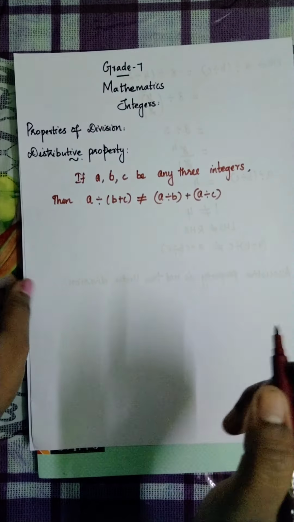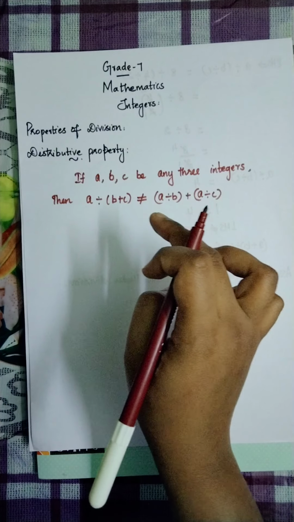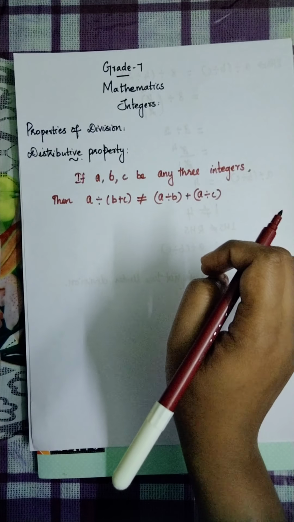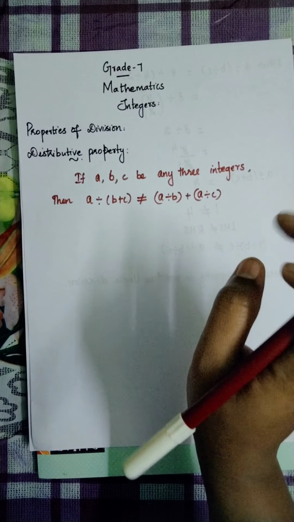Okay, a divided by (b plus c) is not equal to a divided by b plus a divided by c. This is our condition under addition.